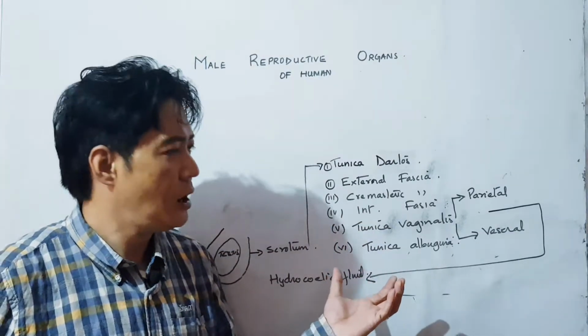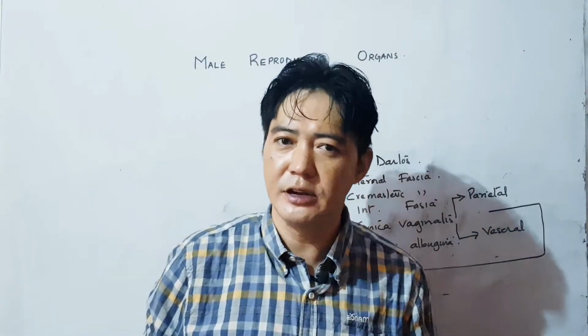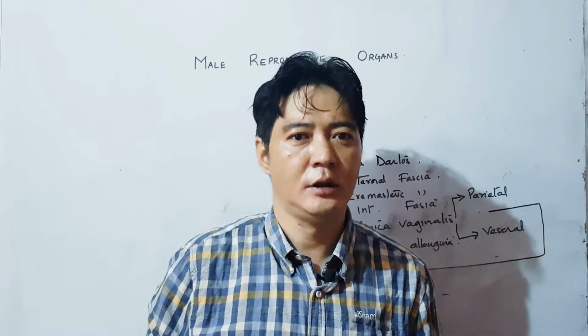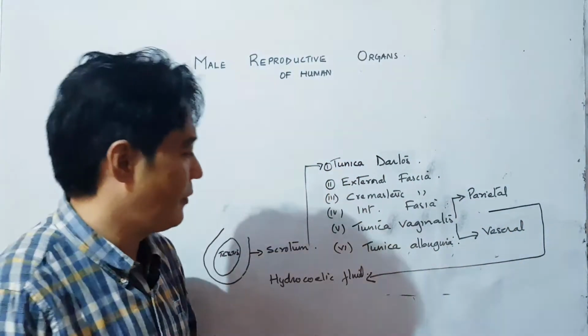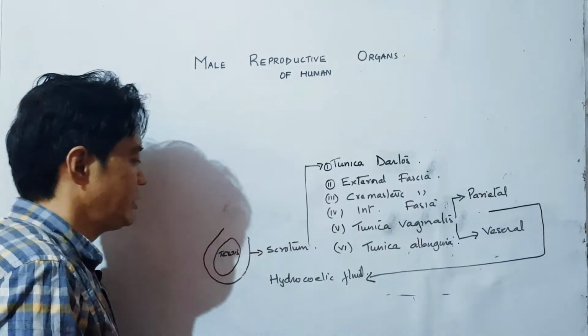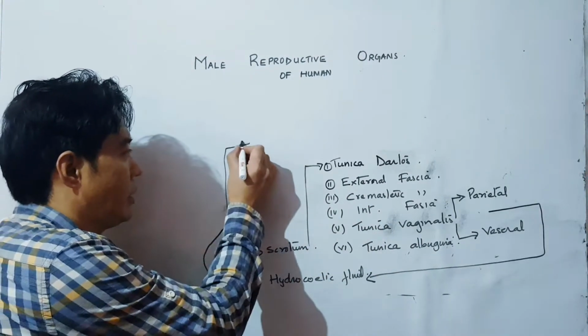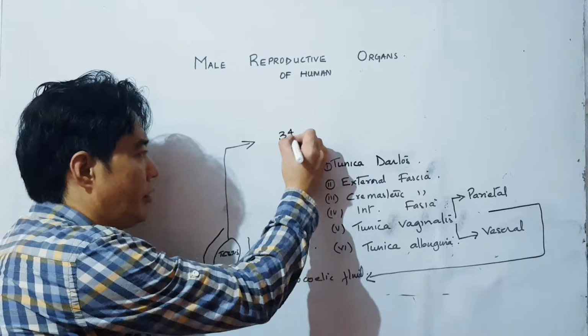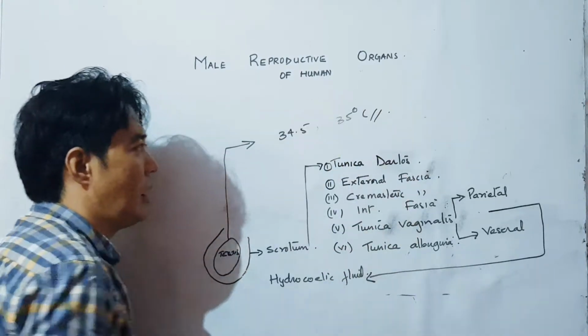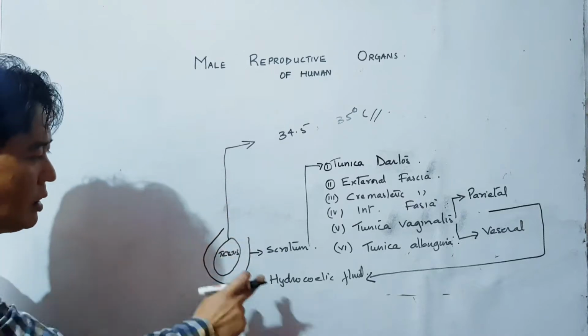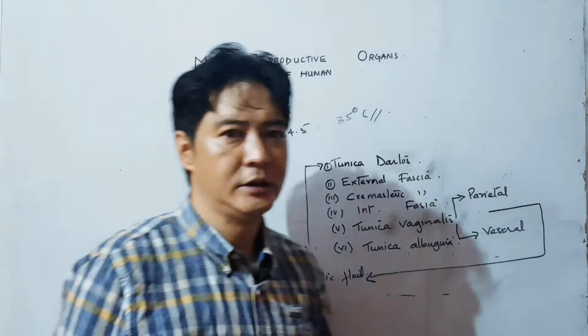For example, our body temperature is 37 degrees Celsius normal. It has to be 2 degrees Celsius less, means 35. The normal temperature of testis has to be 34.5 to 35 degrees Celsius. And this temperature is maintained by hydrocelic fluid.